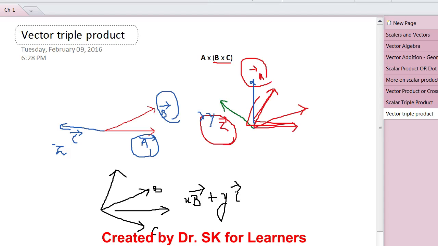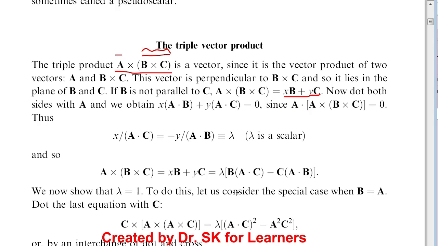So it's like a few times B and C, and it lies in the same plane, unlike the scalar triple product.